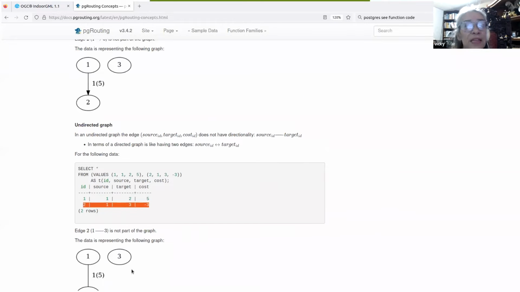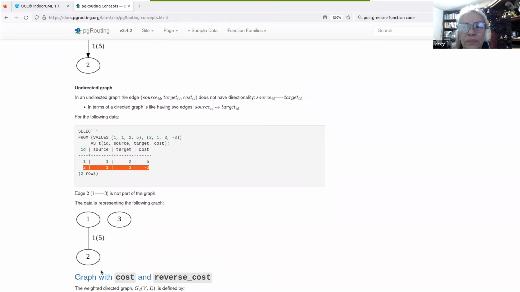In both of these graphs, you cannot go to vertex 3 if you depart from 1 and 2, and you cannot go to 1 and 2 if you depart from vertex 3. 3 is a disconnected vertex. So these graphs, both of them in this example, are disconnected graphs.